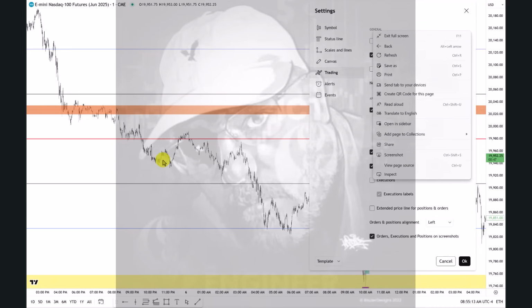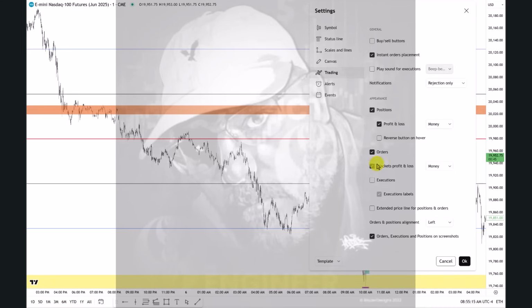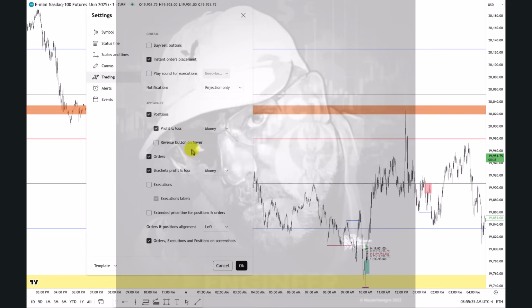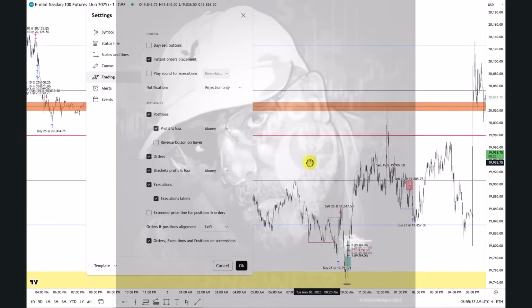See all these executions right here, same account, basically.